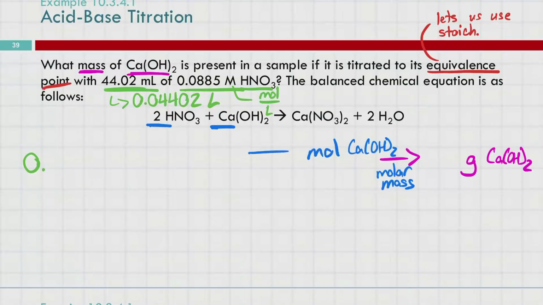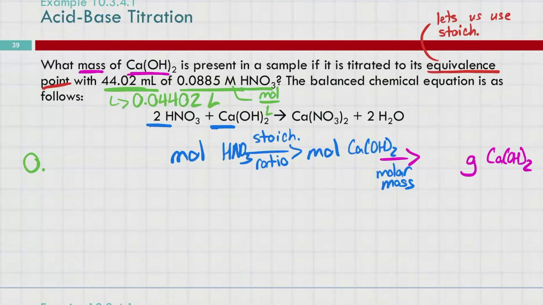We can do stoichiometry, aka ratio. So if we can get to moles of HNO3, then we can get to moles of calcium hydroxide. Because the problem says that we're at the equivalence point, that means that we can use the stoichiometry in our balanced chemical equation.